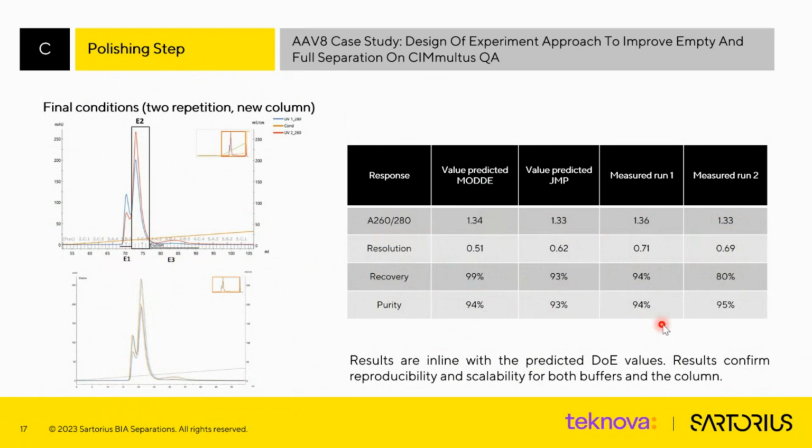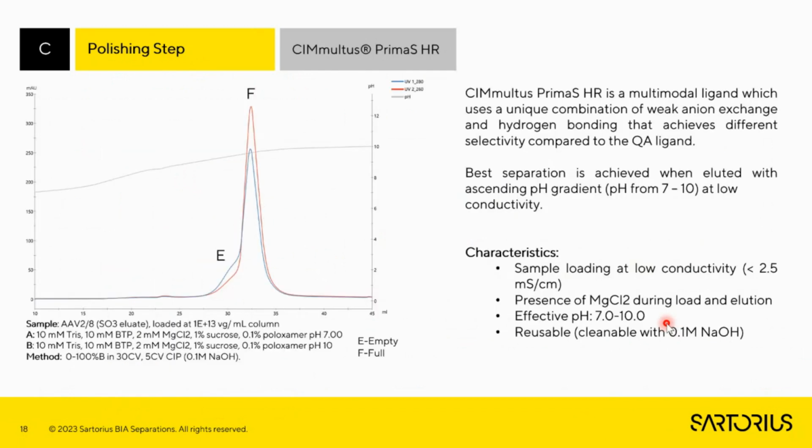We obtained basically the same values as the DOE confirmed. This is really a good approach: you screen different parameters using the design of experiments to see how your process behaves for each individual serotype.